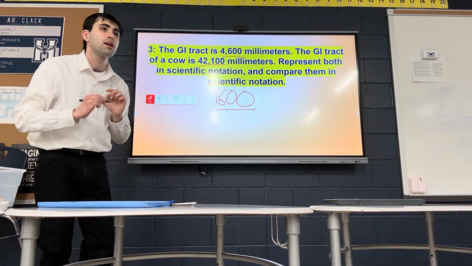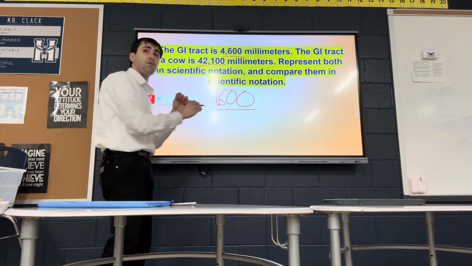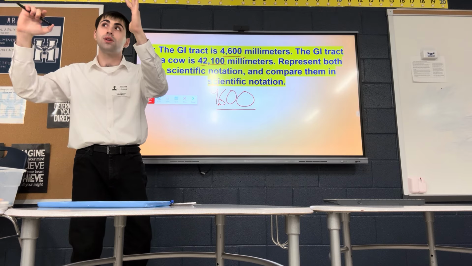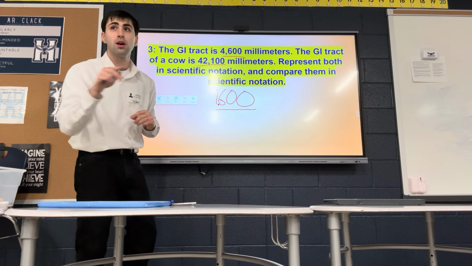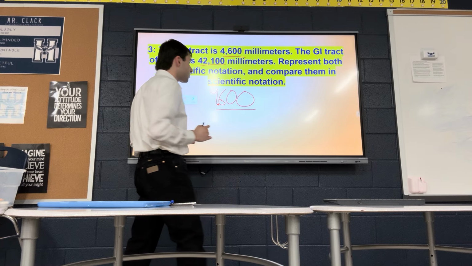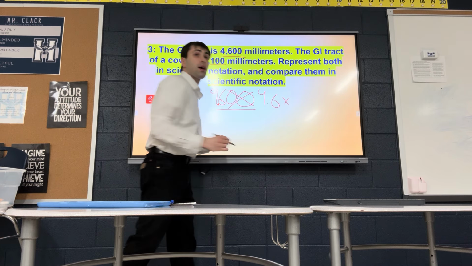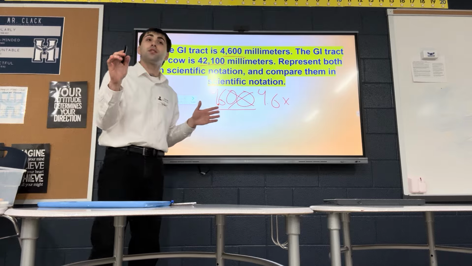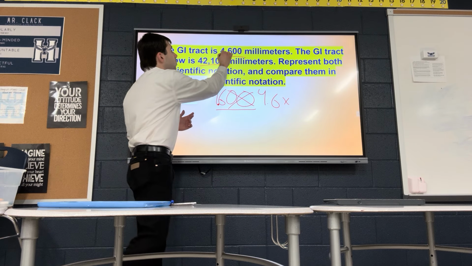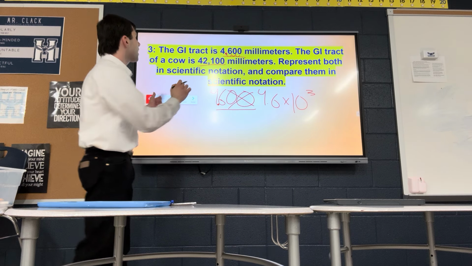Not behind the 4, because then it would be 0 point something, less than 1. It has to be 1 to 9. It's between the 4 and the 6. So we do 4.6, and how many decimal places do we move? 3. So it's 4.6 times 10 to the third, 10 cubed. That's it.